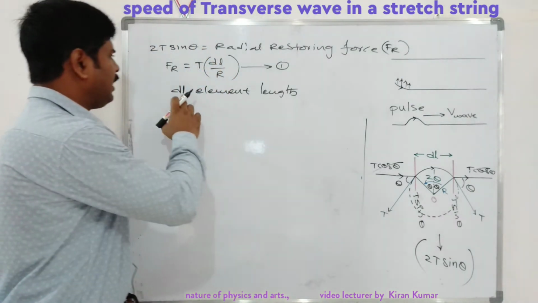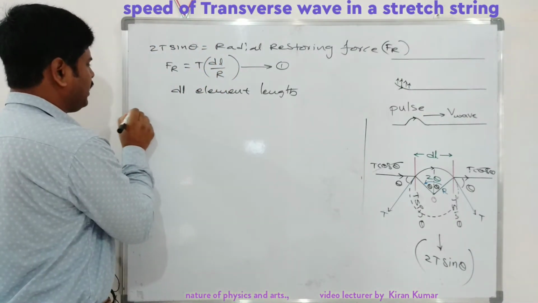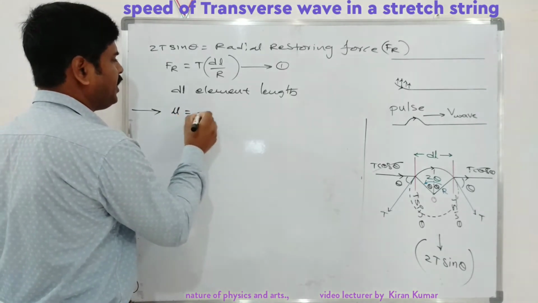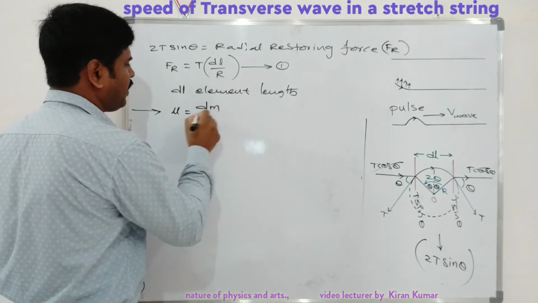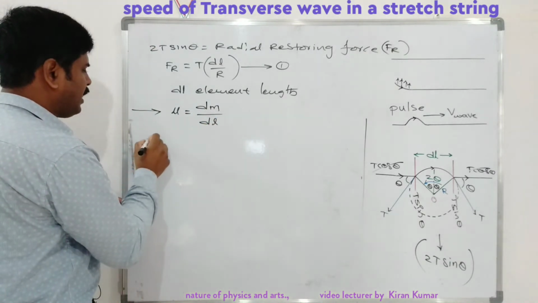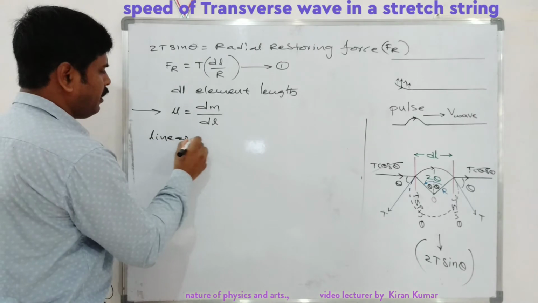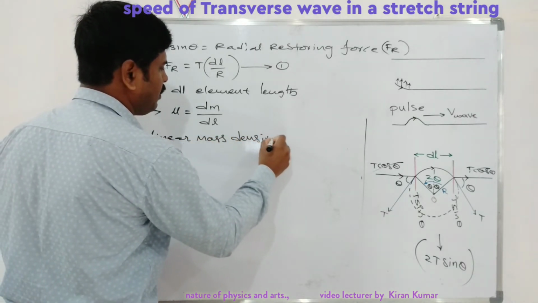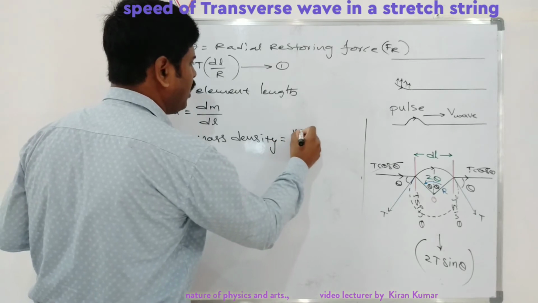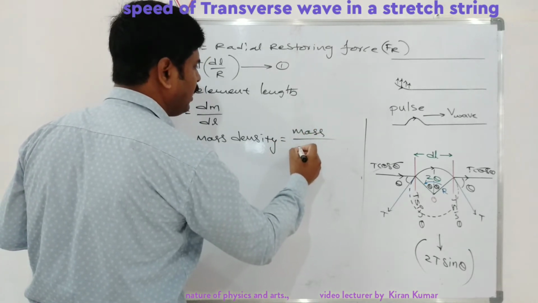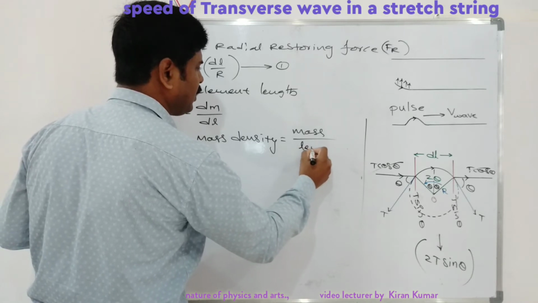See now, dl is the element length. Next one is mu, which is equal to dm divided by dl. That is, mu is the linear mass density, which is equal to the mass of the element divided by the element length.